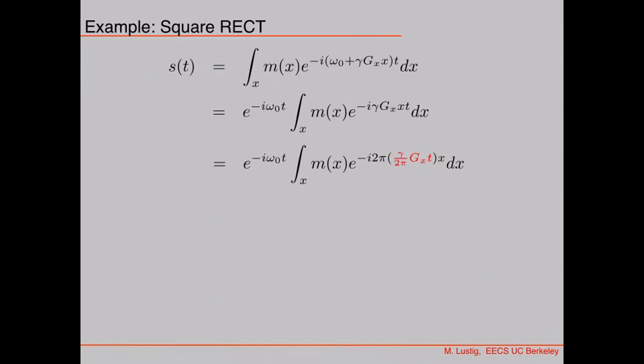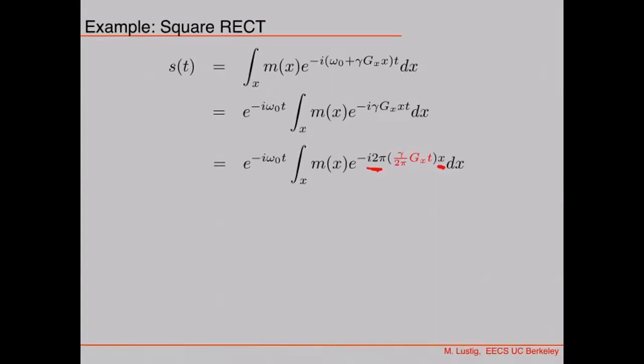I'm almost there, right? This looks like a Fourier transform. If I just call this thing kx, then that would look like a Fourier transform. If I call gamma over 2 pi gx times t, kx, I'm done.